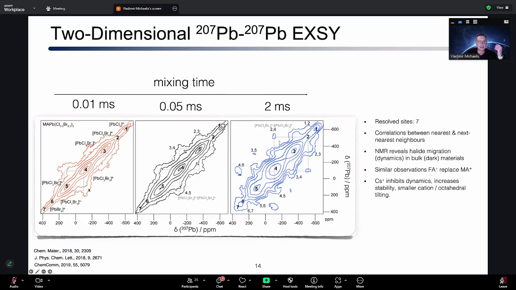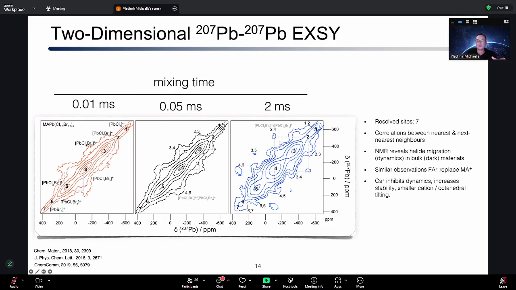What this exchange is, it's the chlorine and bromine ions rearranging in the lattice, going from this site to this site. If we increase that mixing time, you can see it more clearly where you have 4 and 5 interacting, you have 3 and 4 interacting, and you have 2 and 3 interacting. So what this is telling you is at room temperature, doing nothing at all, the actual halogens are rearranging in the lattice itself.